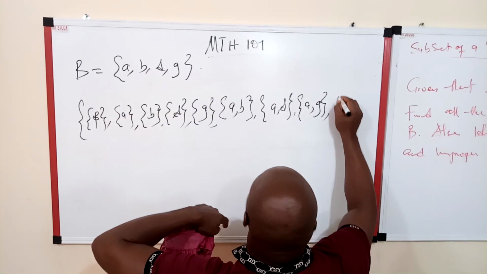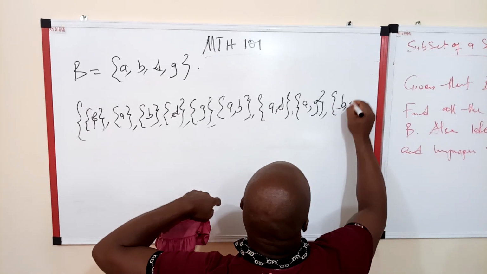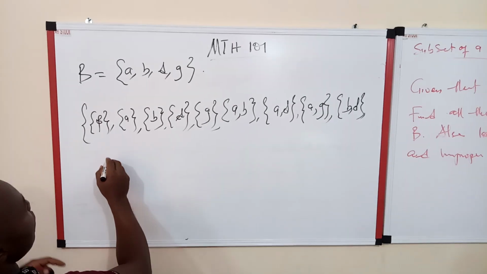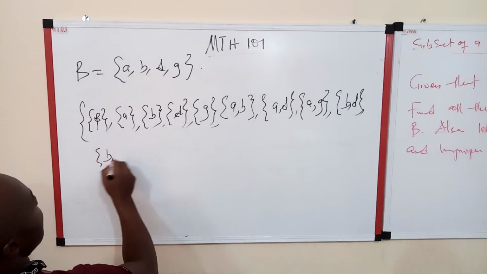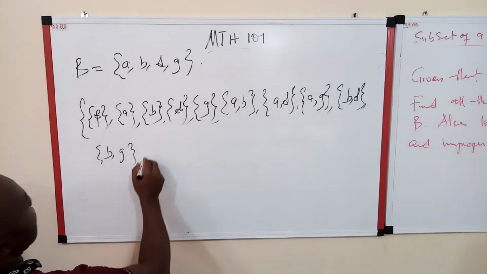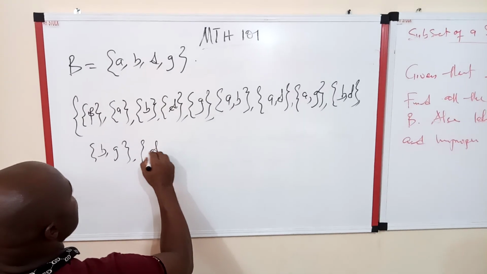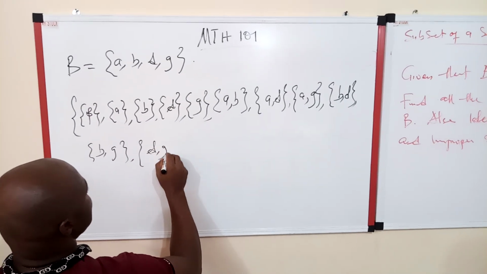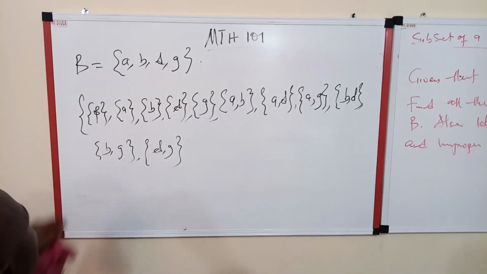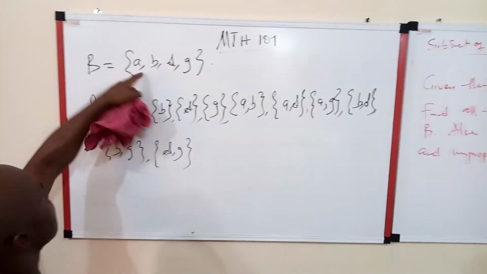Then you can see that B and D are also subsets, B and G are also subsets, and D and G are also subsets of this. You can see they are all contained in this.